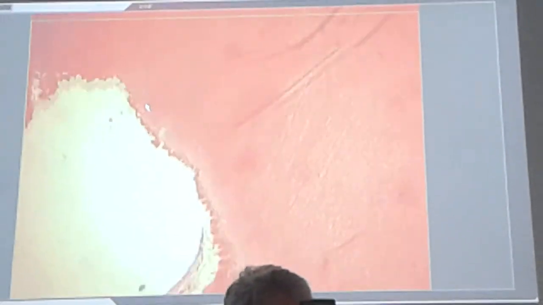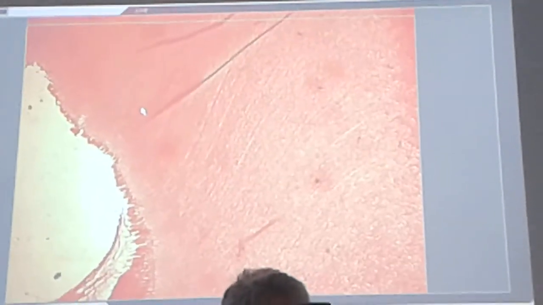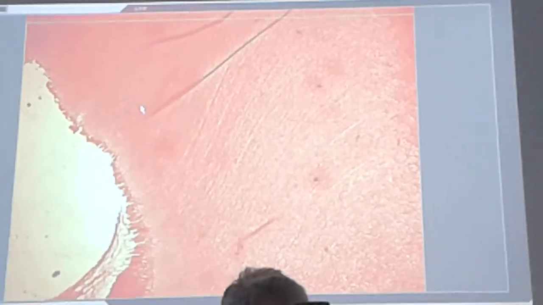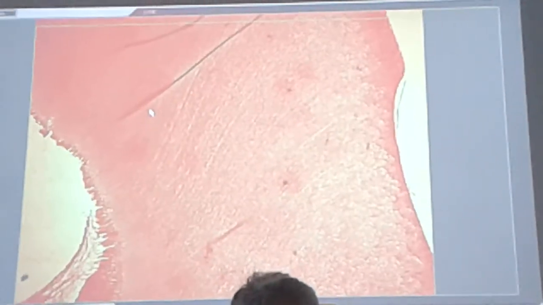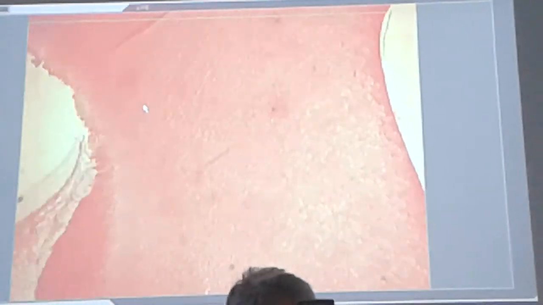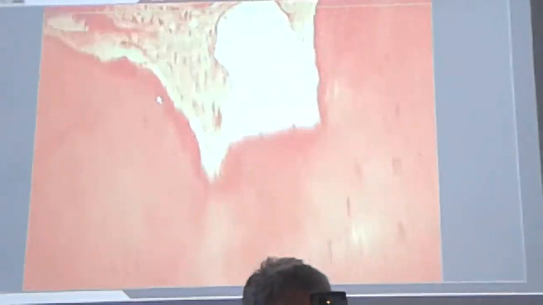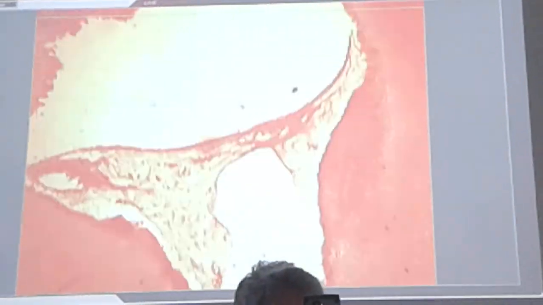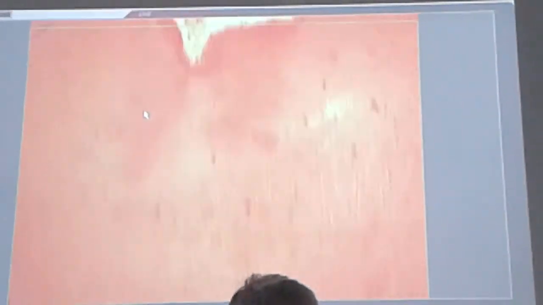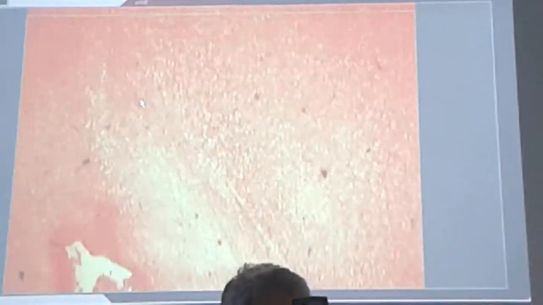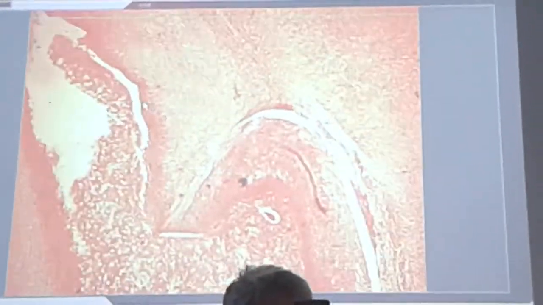But we can understand that going further down, we are going more to the edges. And then the pulp section, we are going through the pulp section. And the root section is more obvious here.